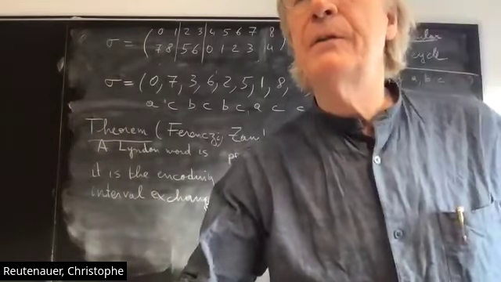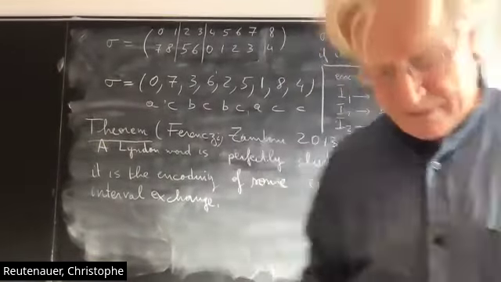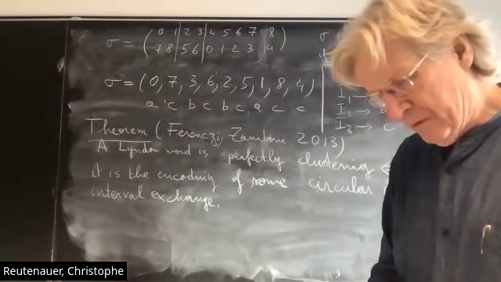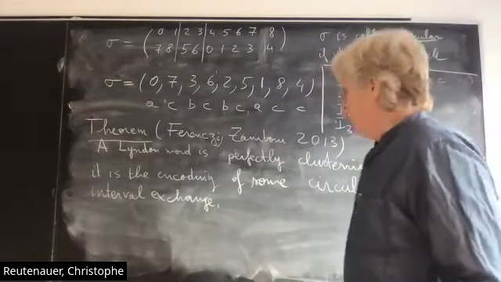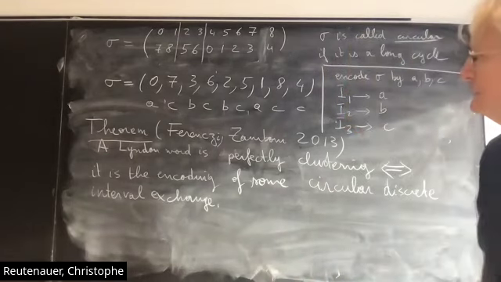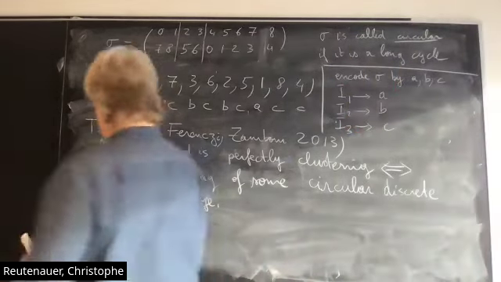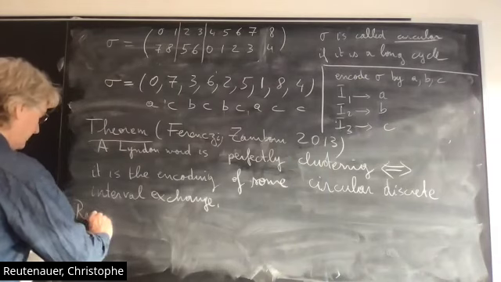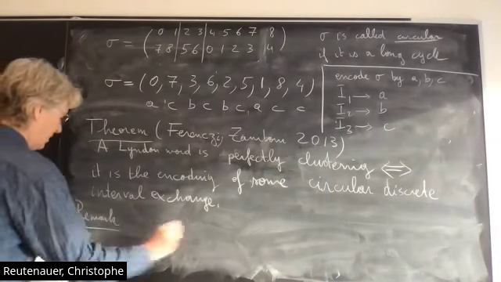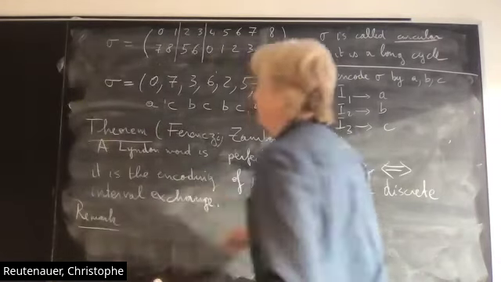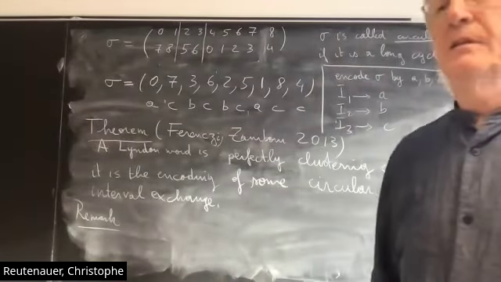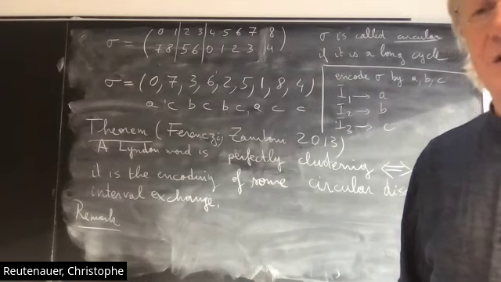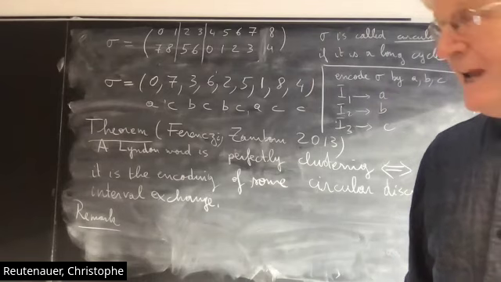I just want to have number 37. Yes. Let me just give a remark. You see that to have a discrete interval exchange, it is equivalent to have a composition of n.